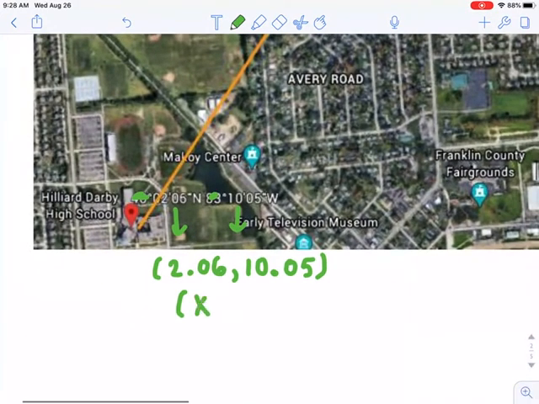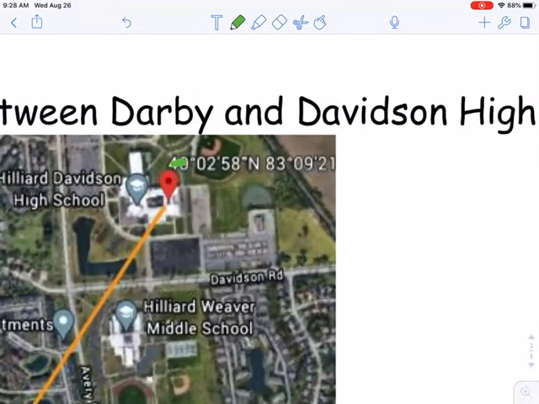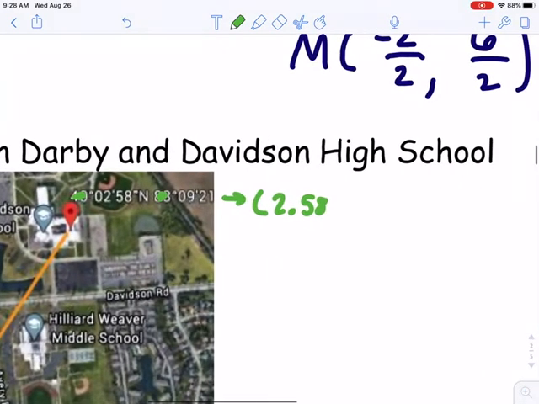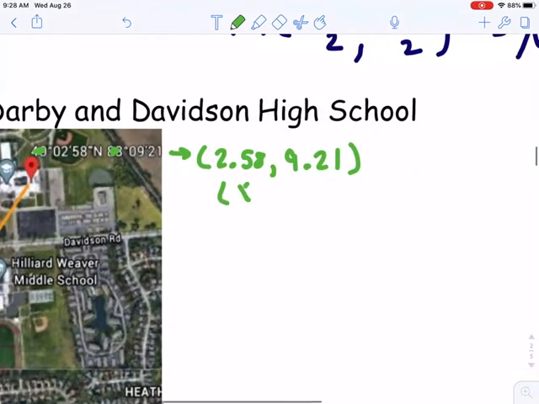I'm going to call that my x sub 1, y sub 1. And Davidson, we're going to translate to 2.58, 9.21. We'll call that x sub 2, y sub 2.